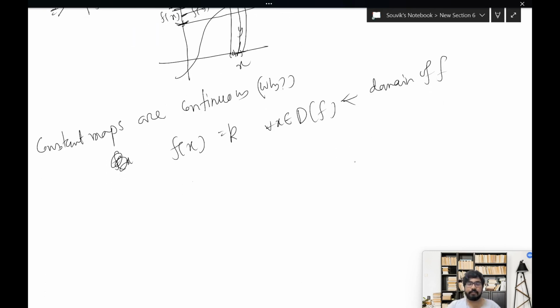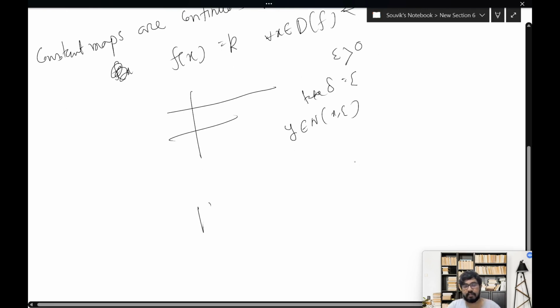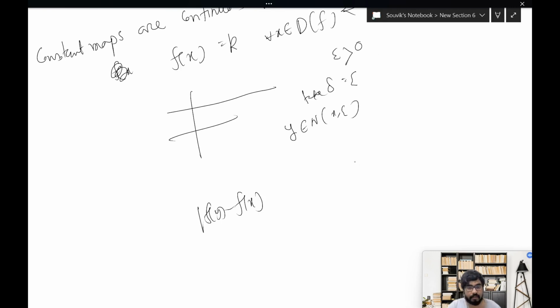Intuitively it is continuous because the graph looks like a horizontal line. But how to do it mathematically? Choose epsilon greater than 0 and take delta equal to epsilon, and choose any y belongs to the neighborhood of x with radius epsilon. Since the function f is constant, mod f(y) minus f(x) equals mod k minus k, which is 0, which is anyway less than epsilon. So basically here any delta will work.